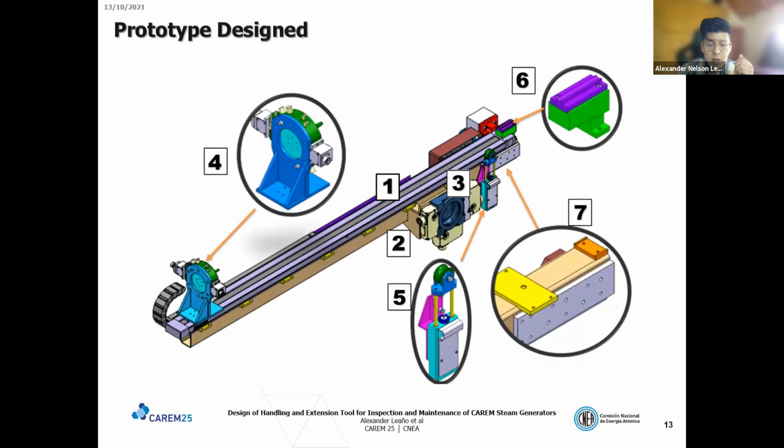Here in this part, we use some extra parts to adapt to the tools. This part adapts to this tube extender, and the other part is the guide for this piece here, which is close to the robot connection, or the robot coupling.